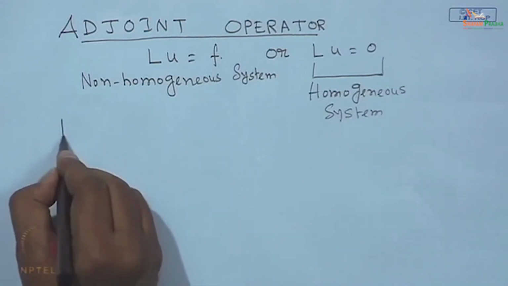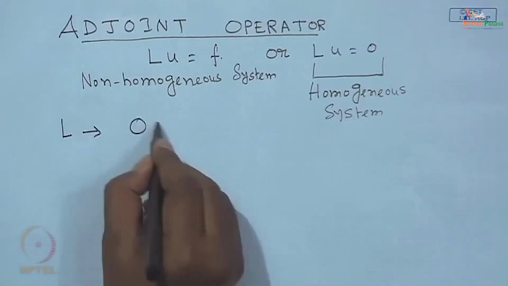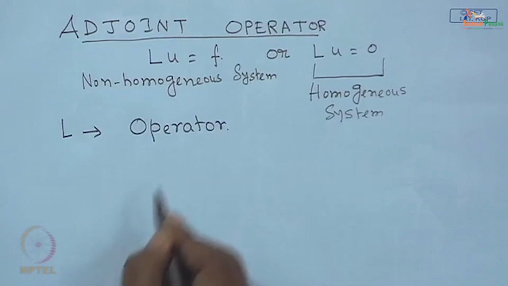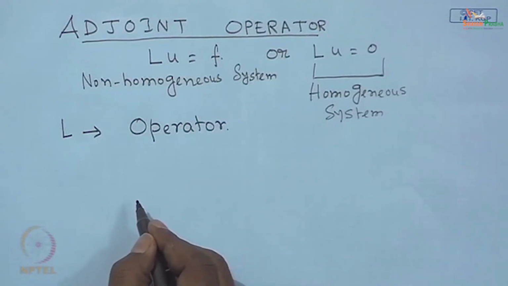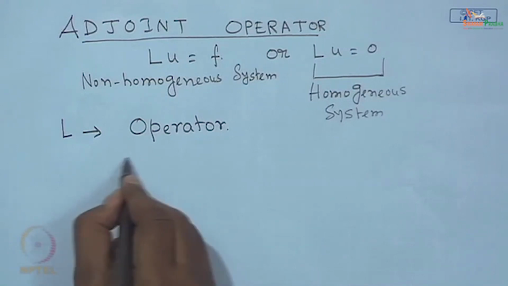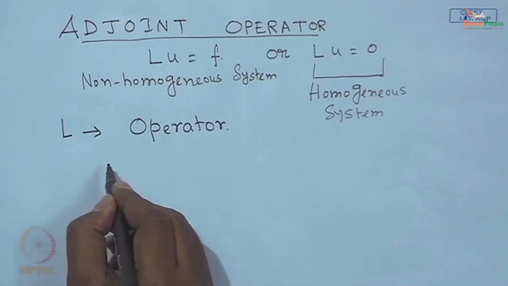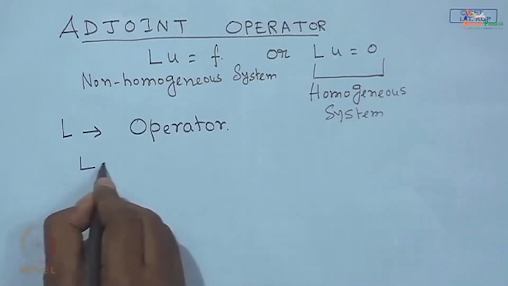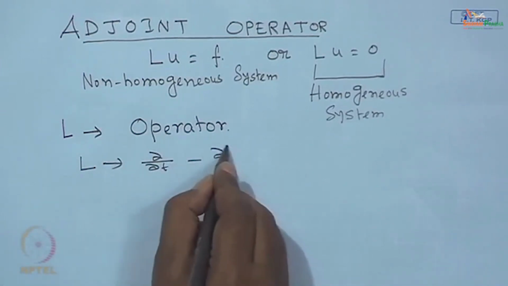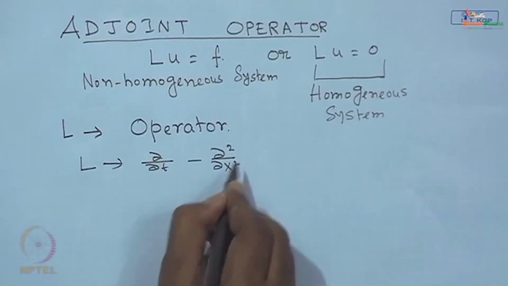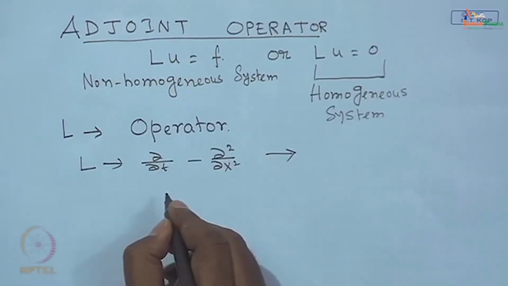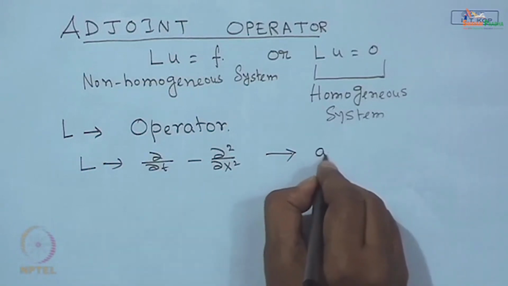Now, where L is the operator, okay. Now, this operator will be the differential operator. It may be del t minus del square del x square. Okay. So, this is a typical operator to characterize an unsteady state system.